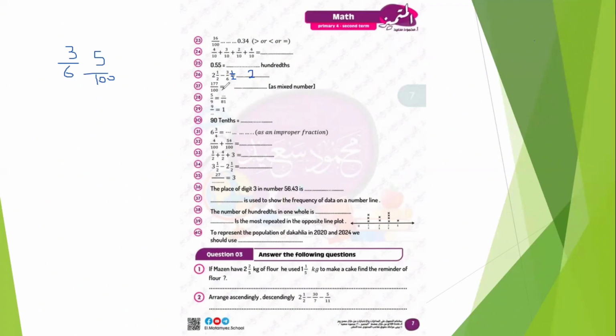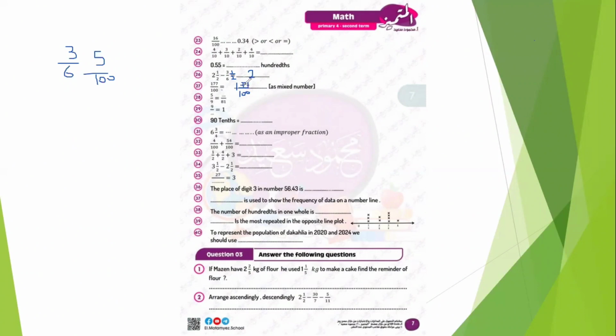27. 177 out of 100. How can I write it as a mixed number? How many hundreds are in 177? If we count by 100, 100, 200, we can find only one 100 in 177. Out of 100, I always keep the same denominator. If we do 100 times 1 equals 100, how much is left to make 177? 77 is left.